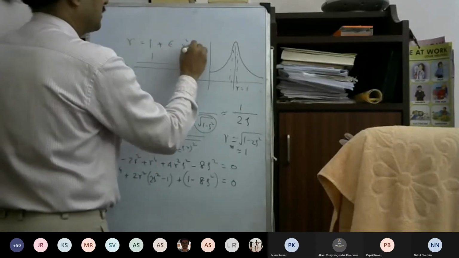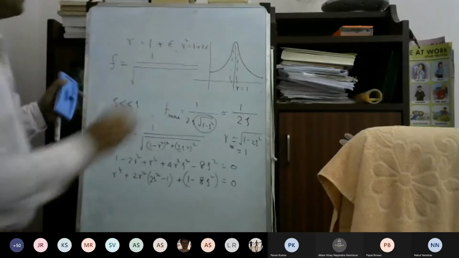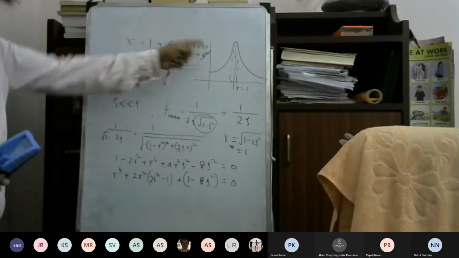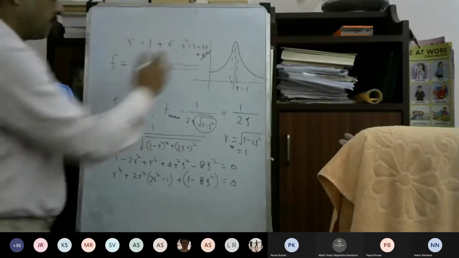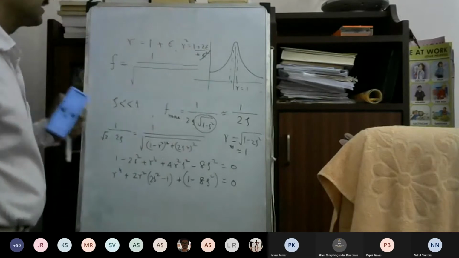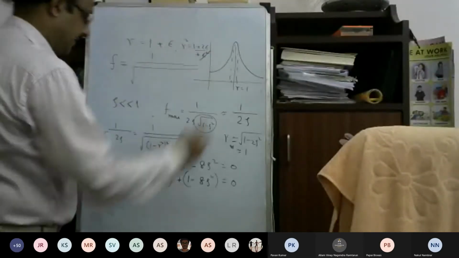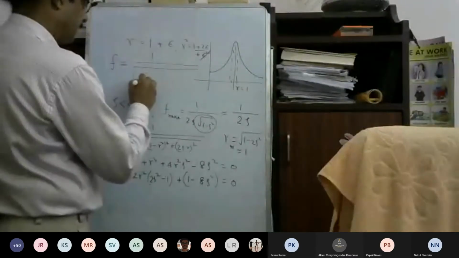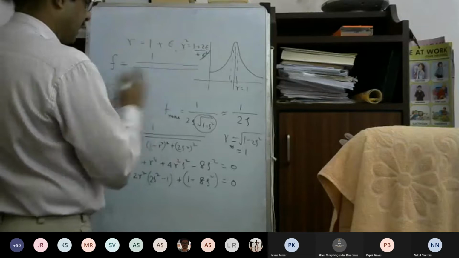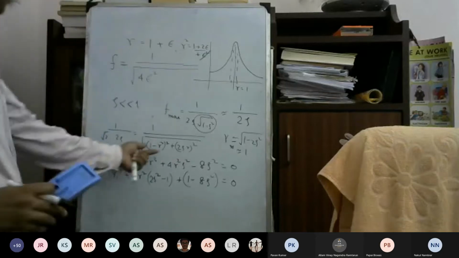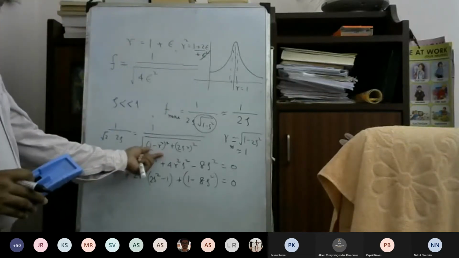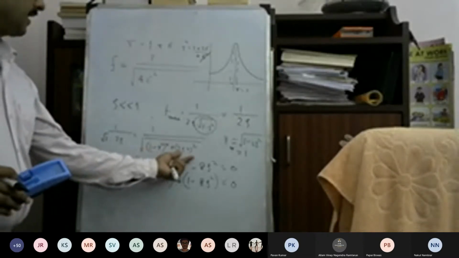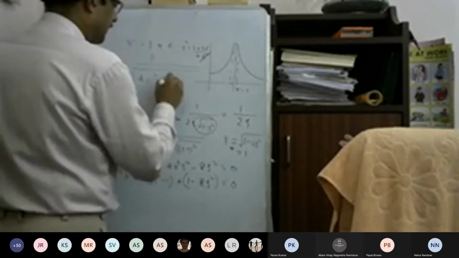R square will be equal to 1 plus 2 epsilon plus epsilon square, and epsilon square I neglect because it is very small compared to the other terms. So 1 minus r square will be equal to 2 epsilon, and 4 zeta square r square equal to 4 zeta square.